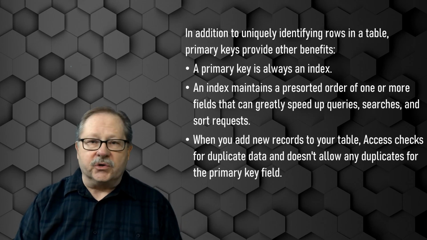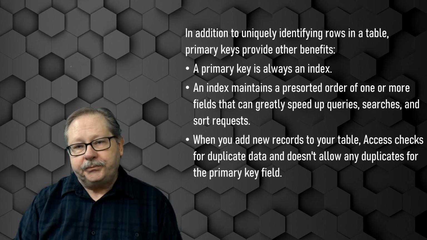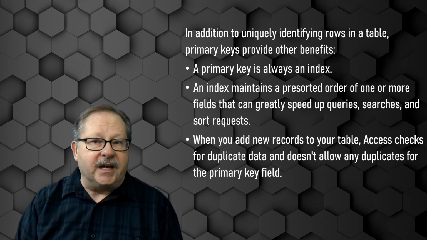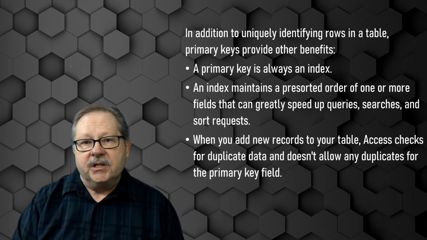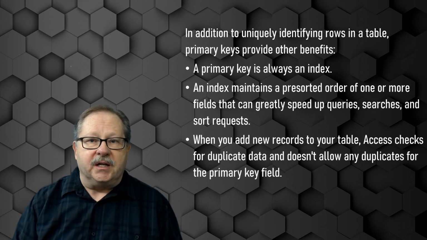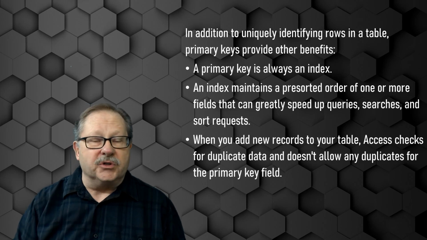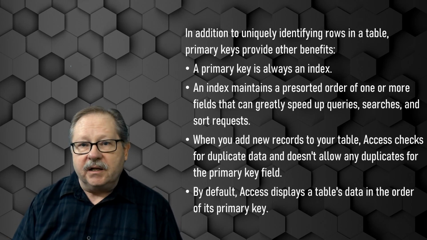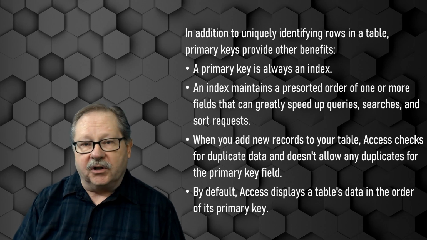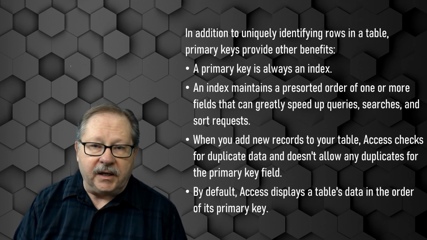It checks to make sure that every one of those primary keys that you set for the student number is unique within the data table. That's so that you don't end up assigning the same student number to 2 different students. And that, of course, is a huge benefit. Next is that it always displays by default in the order of the primary key.